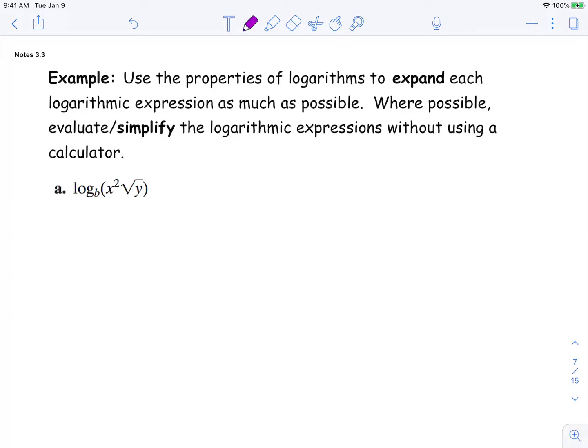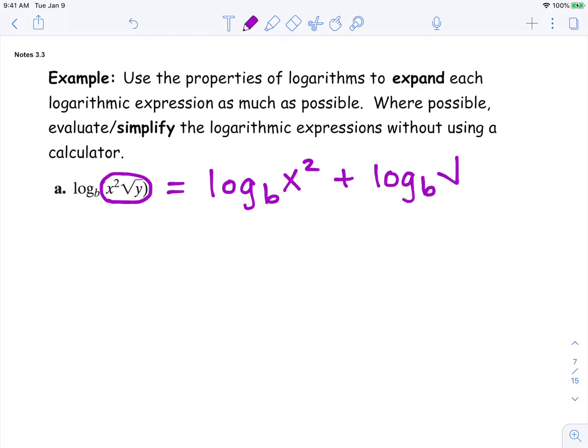So here's another example, expanding using maybe more than one property. So we have a logarithm of base b. What's happening is these two are multiplying each other, so we're going to use our product rule first. So we have two logarithms of base b, and we separate them out into two logs.